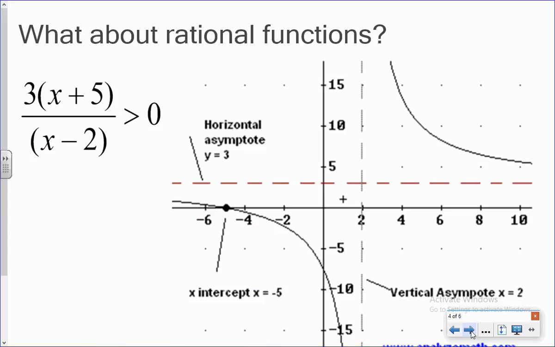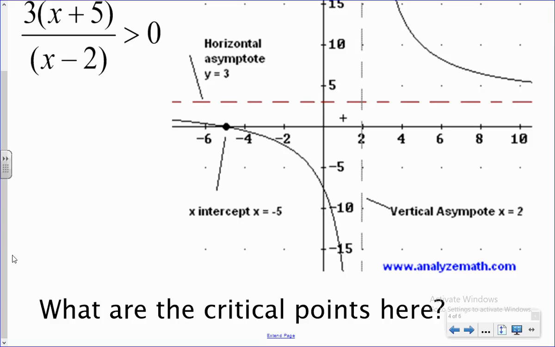Okay. So if we were doing this one, we would make our number line, and we have a 0 at -5, and we have a vertical asymptote at x equals 2. Okay?